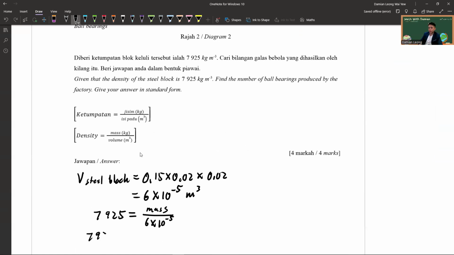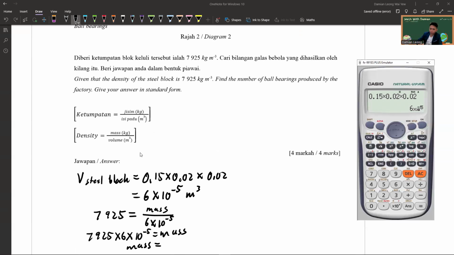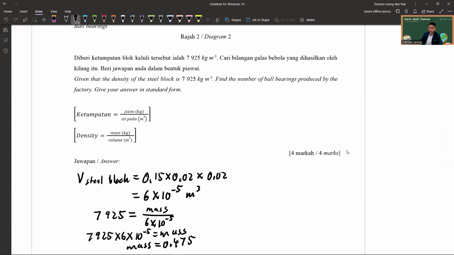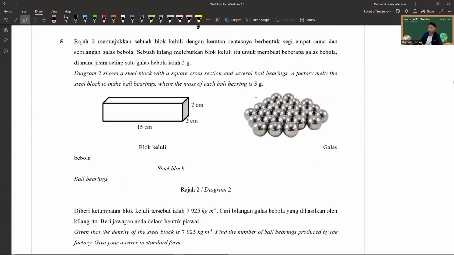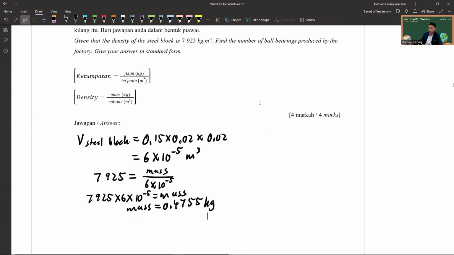So it means 7,925 times 6 times 10 to the power of negative 5 equals to the mass. Yeah, so the mass of all the ball bearings, basically the mass of the steel block, 7,925 times 6 times 10 to the power of negative 5, 0.4755 kg. Okay, so each ball bearing is 5 grams.